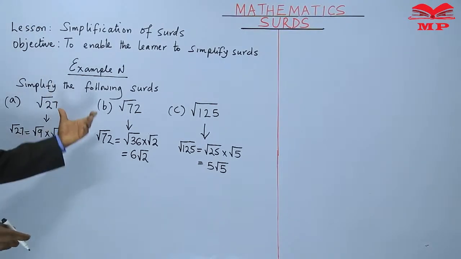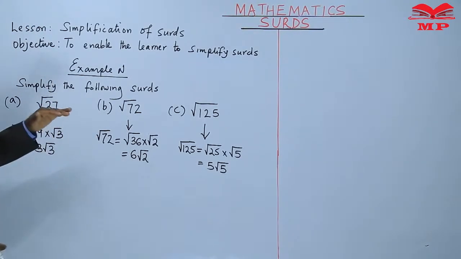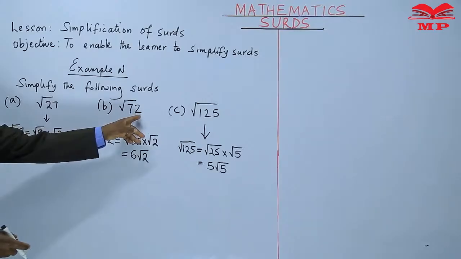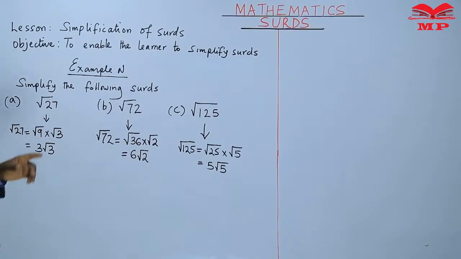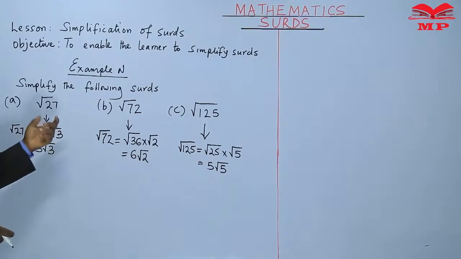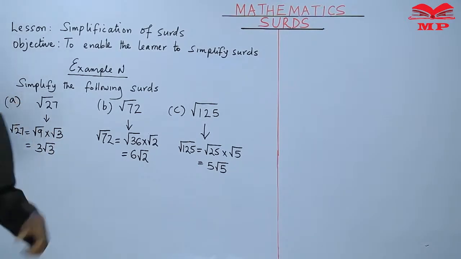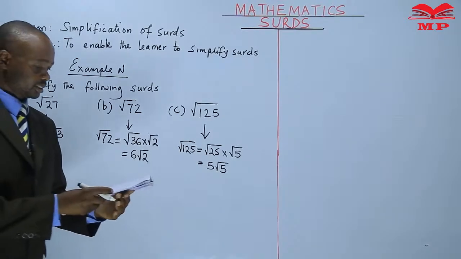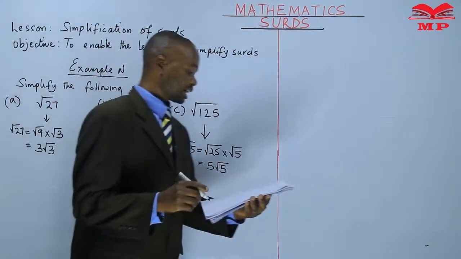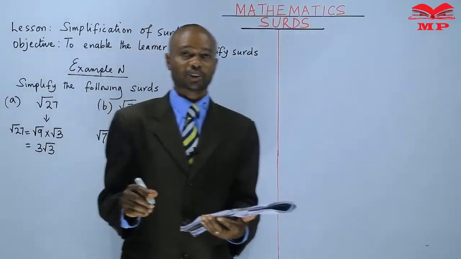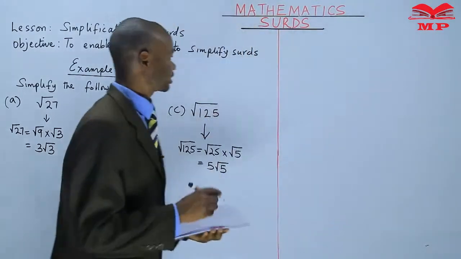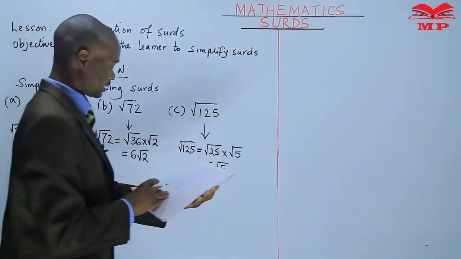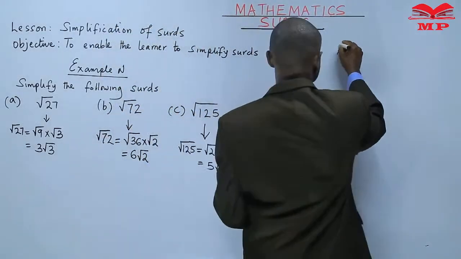When you are simplifying, Lana, always look inside for the multiples. You are most likely to pull out of that sign a number that has a perfect root. With that, Lana, it will be a good time for you to go and work out this assignment to perfect what we've just done.